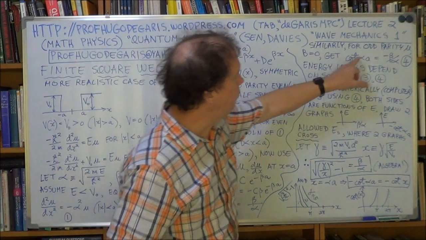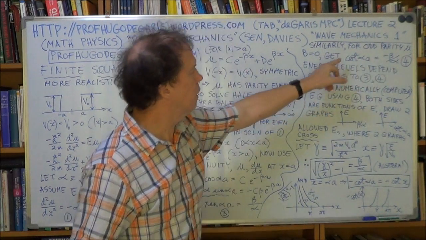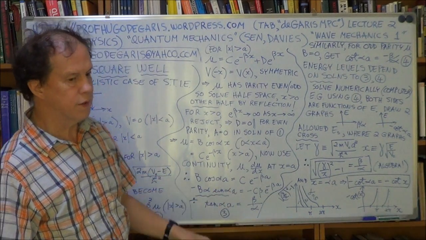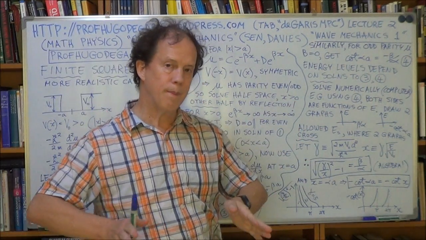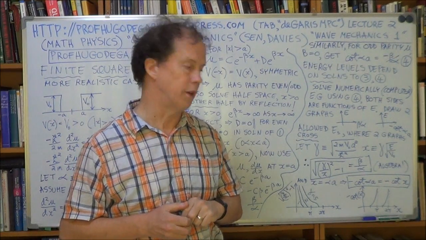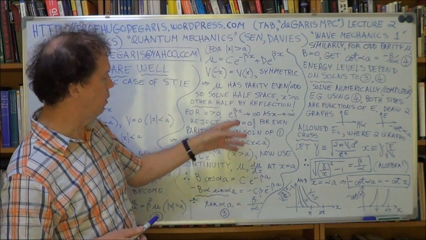So what can we do with that? We have these two constraints, equation 4 and equation 3. These constraints put restrictions on the value of the energy E that you can have. We've done this kind of thing before.